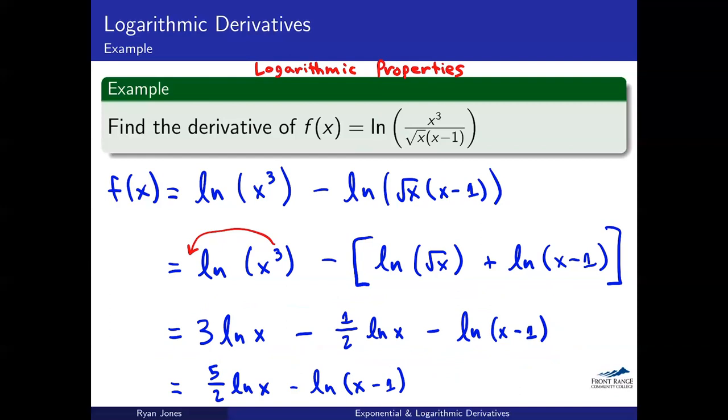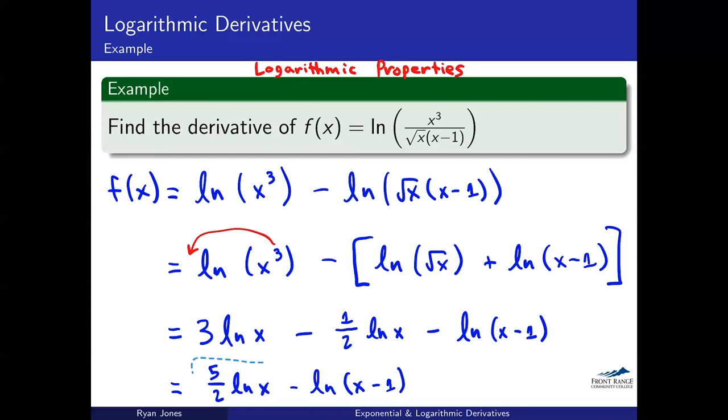We haven't even taken a derivative yet. That's fine. But we can simplify this a lot more before actually taking our derivative. And so there we go. We've got our function right there. Let's go ahead and take an actual derivative here.